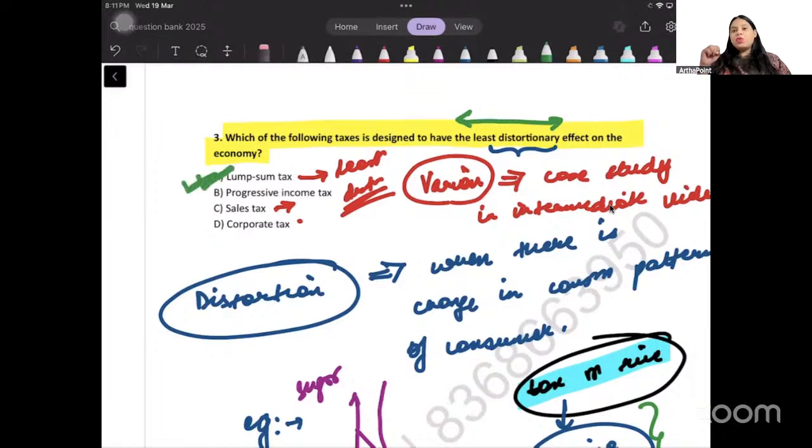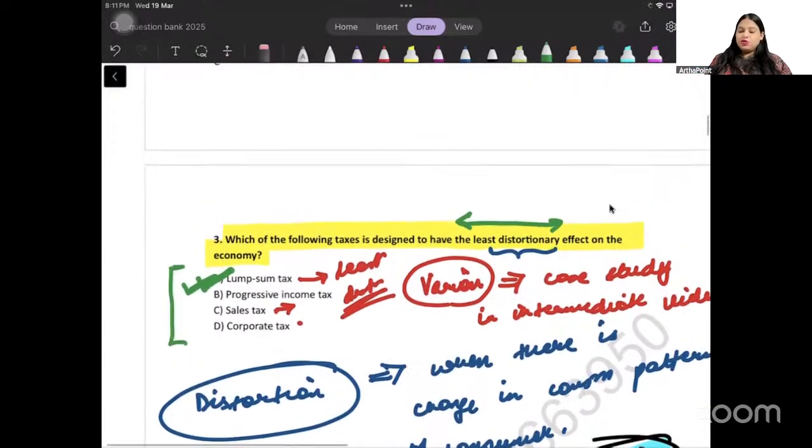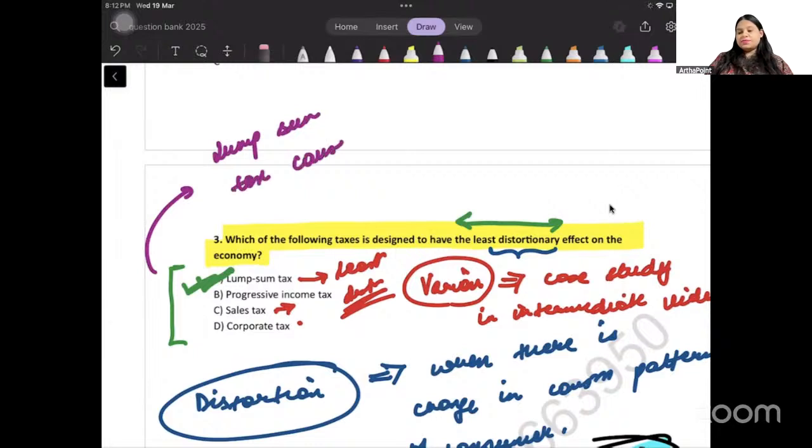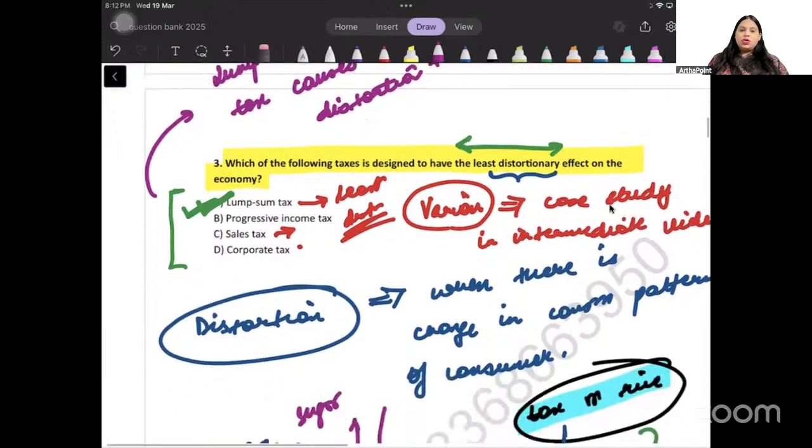That will be the most appropriate answer, because most of the books, if you refer back to Varian, the statement made by Varian is that lump sum tax causes least distortion. तो हम उसी statement के साथ we will go ahead beta, and answer should be A. ठीक है, ओके.